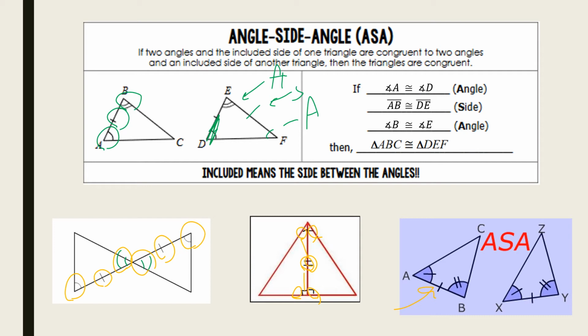I'm going to take this moment to talk about something really important. The order matters, right? Like angle, side, angle is the side in the middle, side, angle, side is the angle in the middle, etc. This is kind of a bad one to do it on, but let's try it.